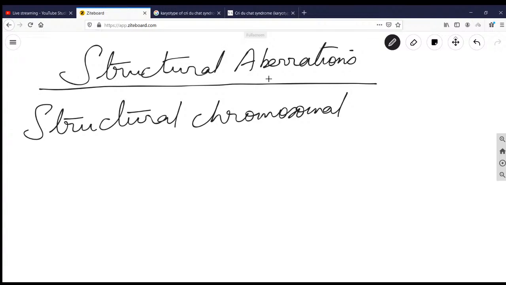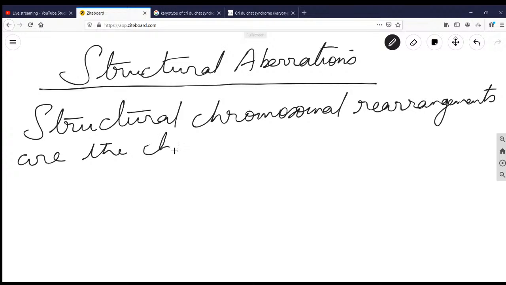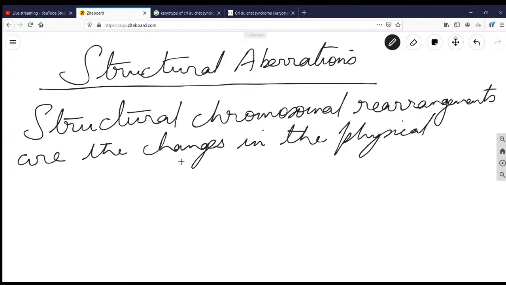So what are structural chromosomal rearrangements, and how do they happen? They are the changes in the physical structure of chromosomes.